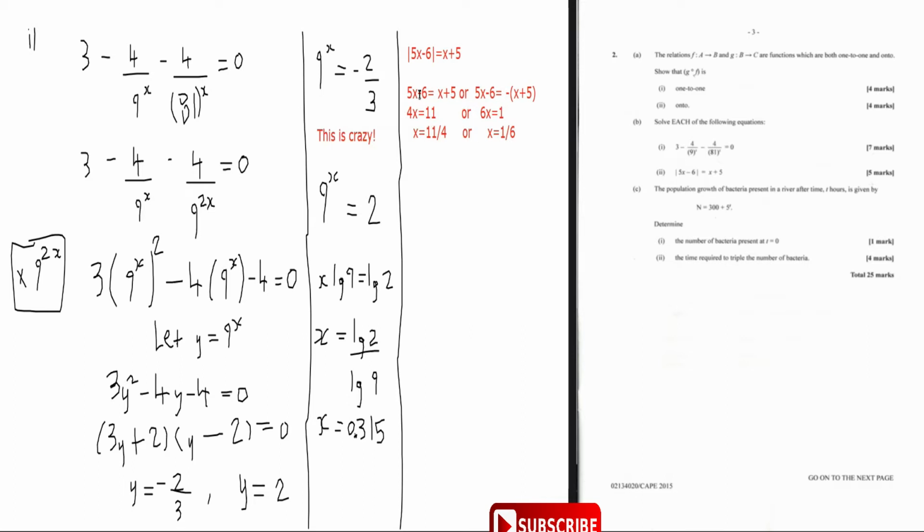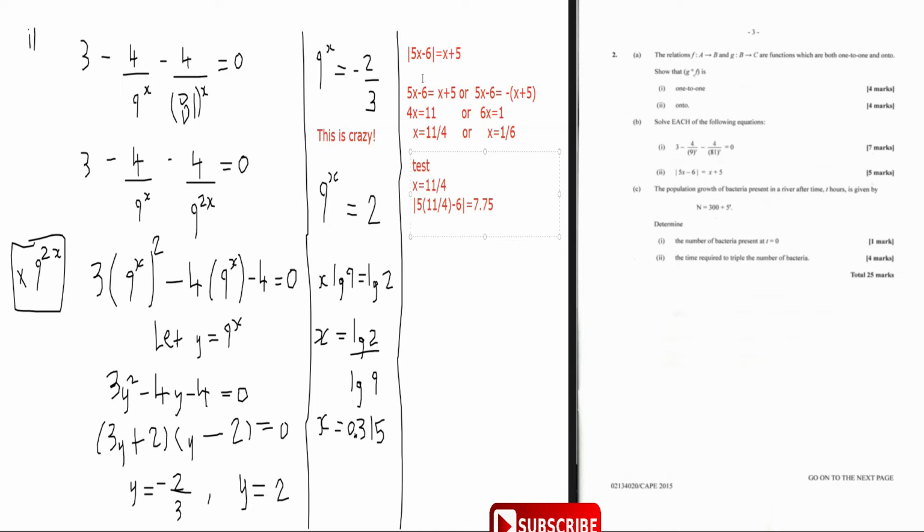When you finish, you just want to test your answer. Always test it. So this is how you test it. Let's start with when x is 11 over 4. You plug it in here to see if the mod of 5 times 11 over 4 minus 6 works out to be 7 3/4, that's 7.75.